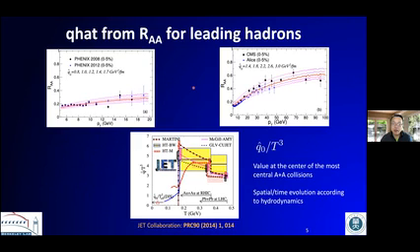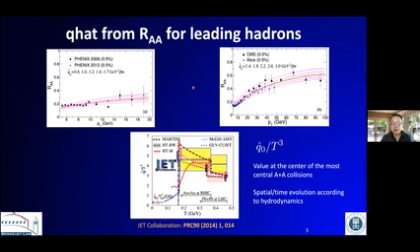Within the JET Collaboration, we did this systematic analysis by looking at leading hadron suppression at both RHIC and LHC, with different model implementations of the energy loss.